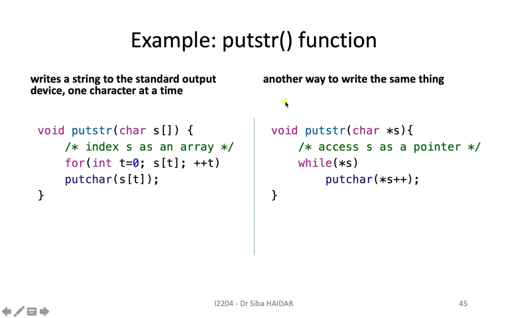We could have written it in another way. Another way to write the same thing is to use the pointer syntax. Now you know that this is a pointer *s, and while *s is different than \0, we can simply write while *s, putstr *s++. So you put the value of the dereference of s and then you post-increment as we have already explained.